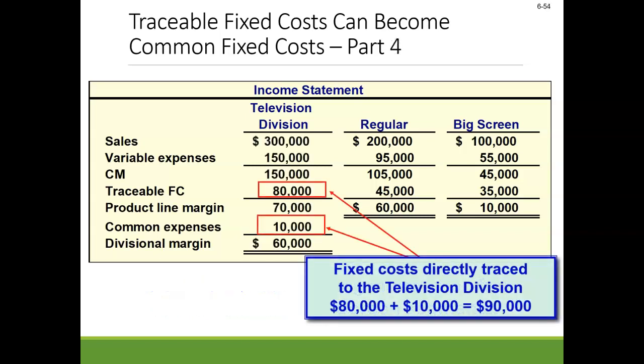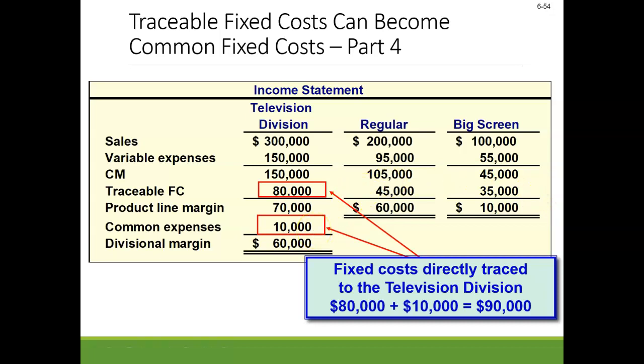So again, as we break down by segment, we might not be including some of the common expenses because those common expenses really shouldn't be part of those separate segments, as in this example. Those common expenses aren't traceable per se for the regular versus the big screen.